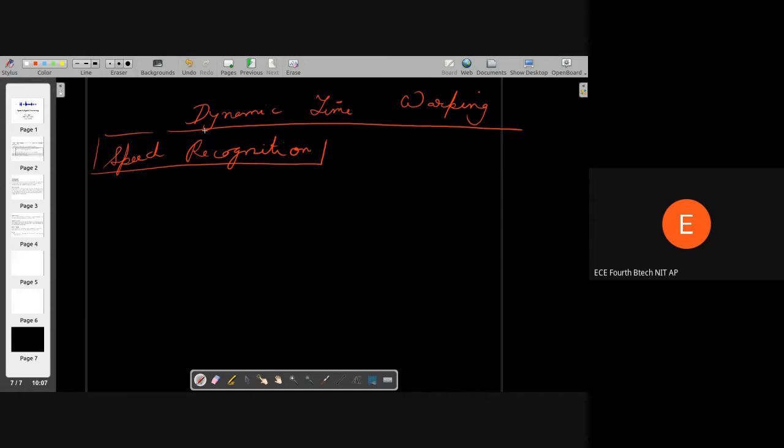It's a very simple technique and generally works satisfactorily for clean speech, if the speech signal is not corrupted by background noise. It's a very old technique. I think in the 1970s or 80s it was first implemented on speech processing.